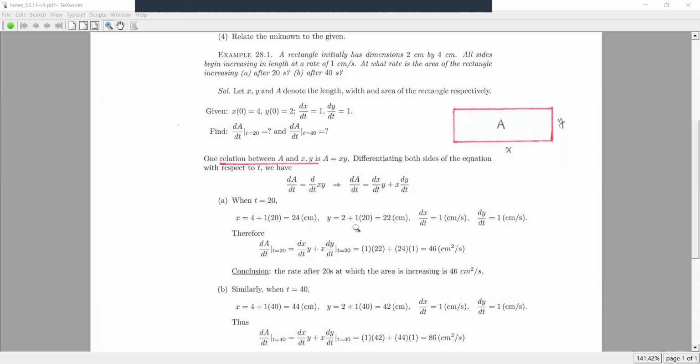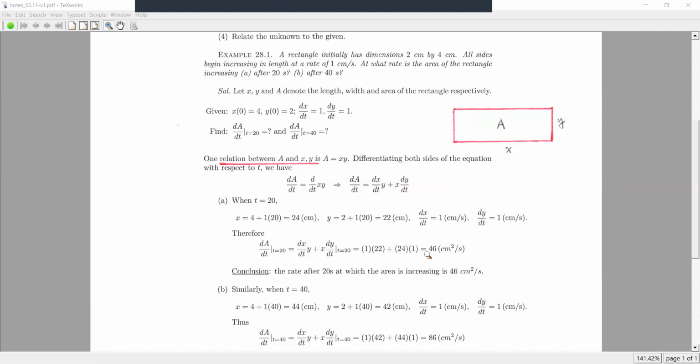Now, plug in all this information in this equation. The rate of the area at time is 20 is, plug in 20 in the time in this expression. When time is 20, dx/dt is 1, y is 22, x is 24, dy/dt is 1.